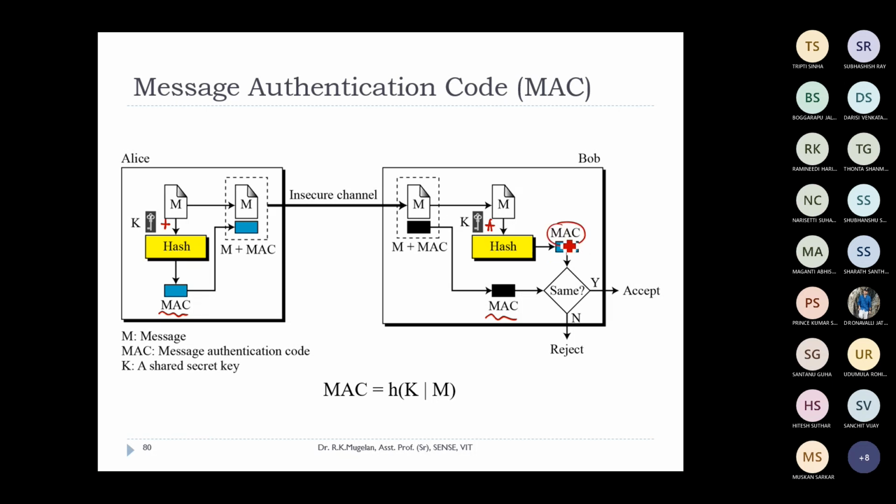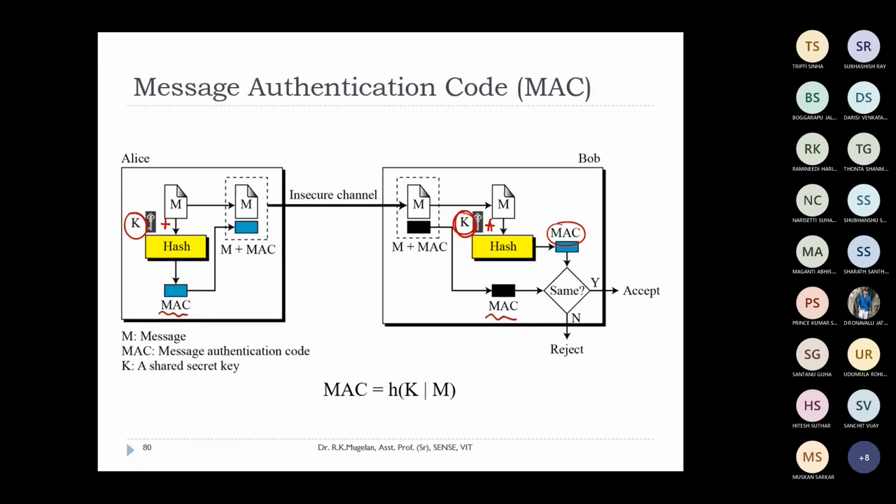That way they authenticate that the data is not changed and that Alice is the authentic person sending the message. This key is shared between these two people using a sophisticated key exchange algorithm, like the Diffie-Hellman techniques we just saw. There are many techniques available for exchanging these keys.